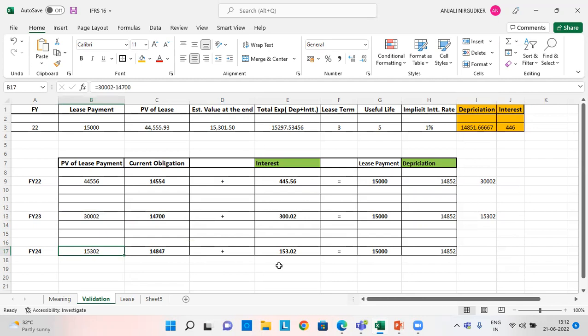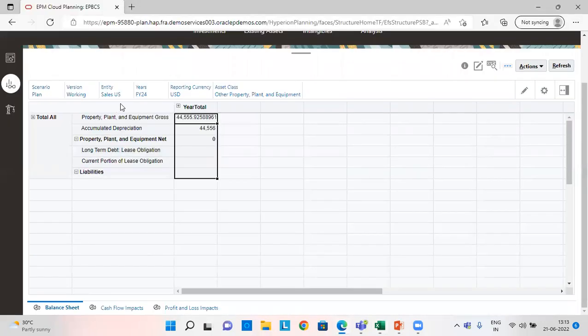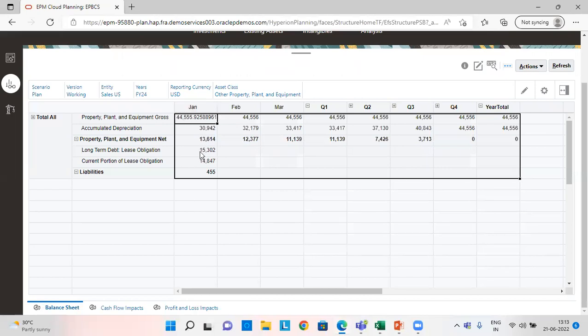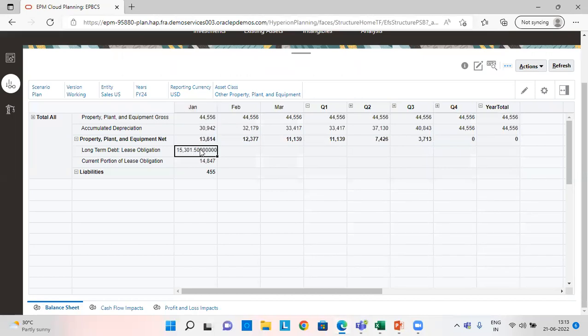On this, we will calculate the interest at the rate of 1%, which is 153. After subtracting 153 from the 15,000 lease payment, it comes to 14,847, which is also shown in the balance sheet. As we can see here, 15,301 is the remaining amount, and this is the current portion of lease remaining to be paid at the end of FY24.